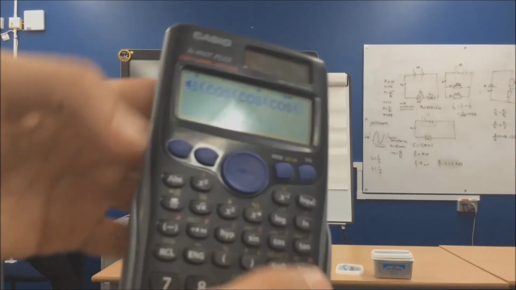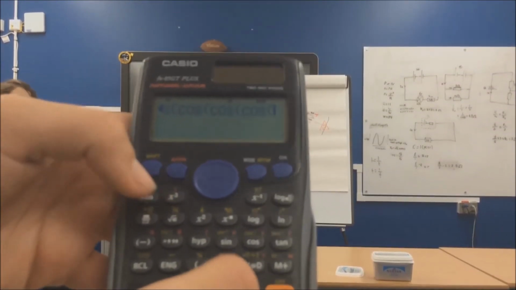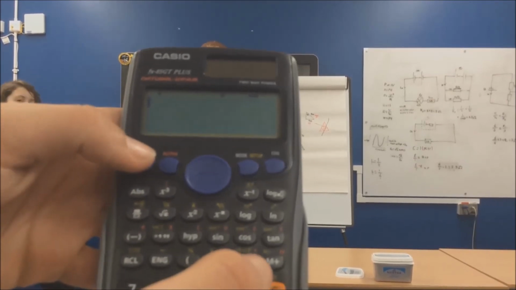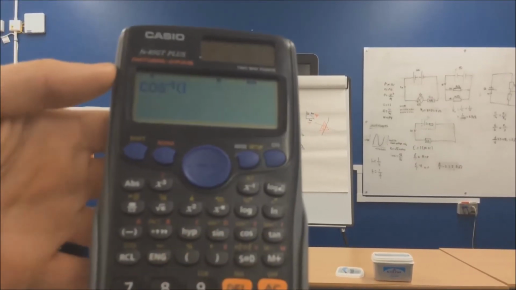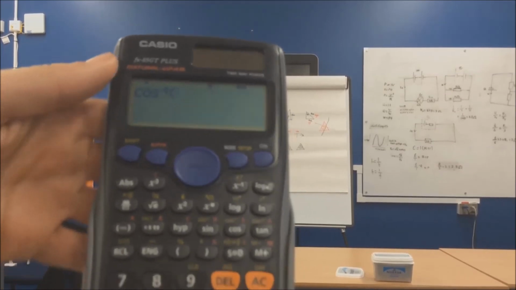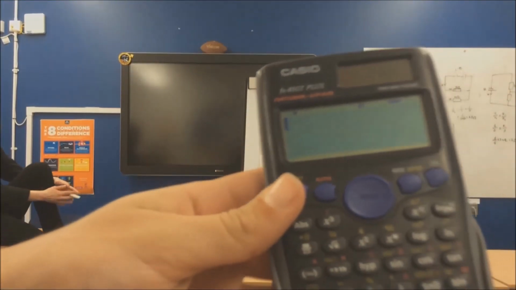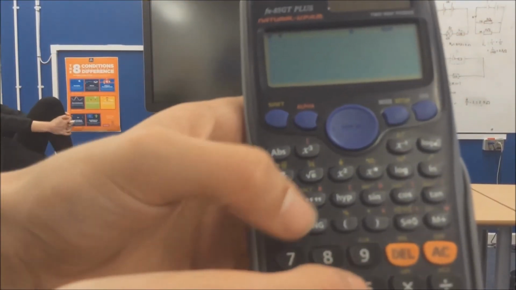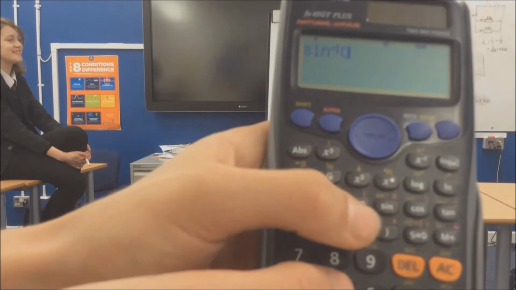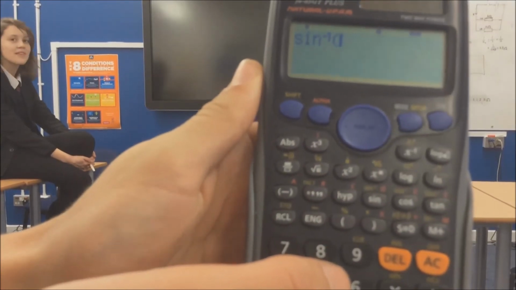So, as you can see, I just typed loads of cosines. If I type shift cos, it gives me inverse cos. That's very useful. Now, because we need sine, we do shift sine, and that gives us inverse sine.